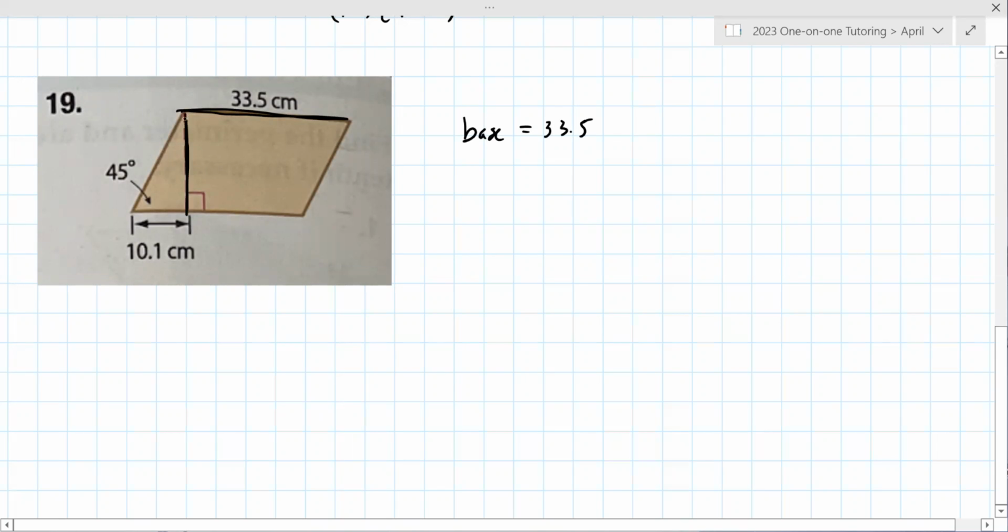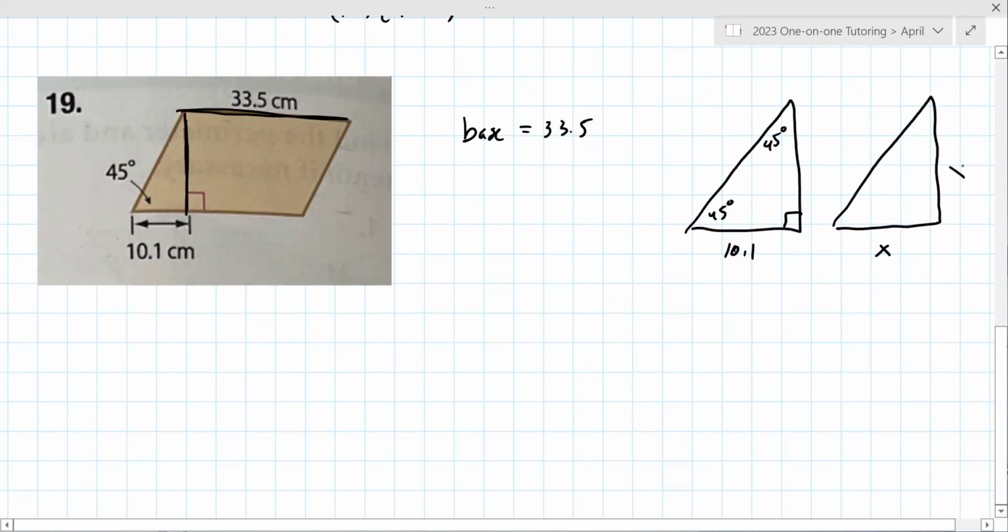The height is again this here, but it's a different type of triangle. It's a 45, 45, 90 triangle. So the reference triangle for 45, 45, 90 is the legs are the same, x, which is what you need here. You need this other leg, which is the same, 10.1. There's no calculations to do there.